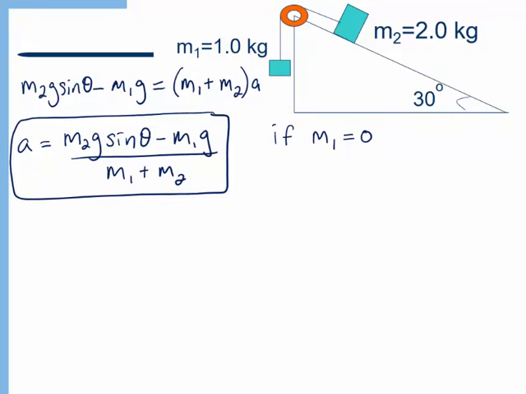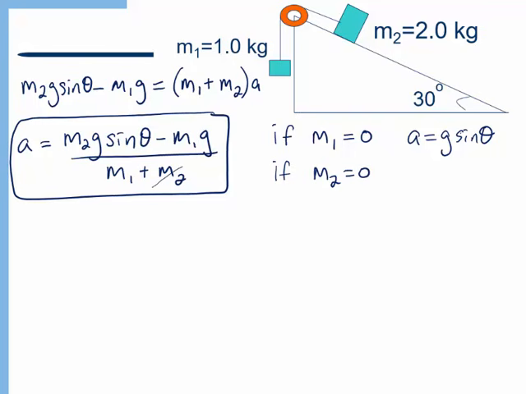Well, you'll notice that the m1 term goes away, and the m1 goes away in the bottom, and what we get is that the acceleration of block 2 would just be g sine theta. Well, that makes sense. That's the result we had from the simpler problem when we just had a block on an incline.